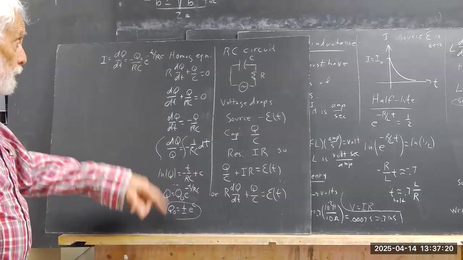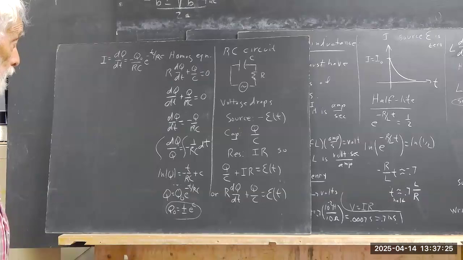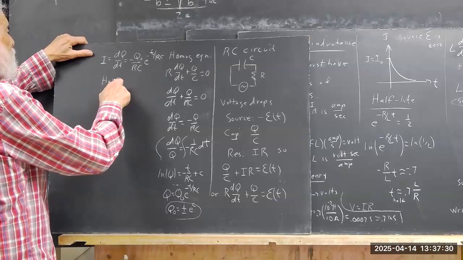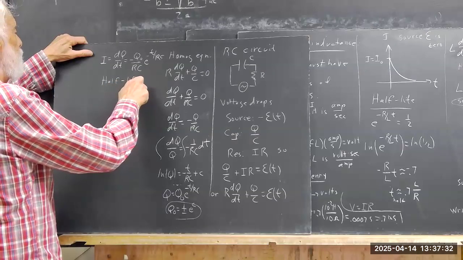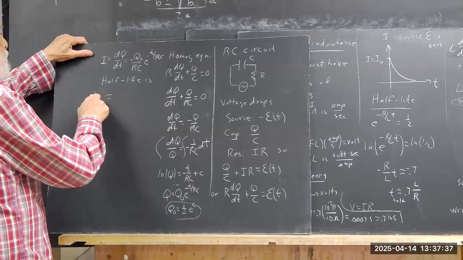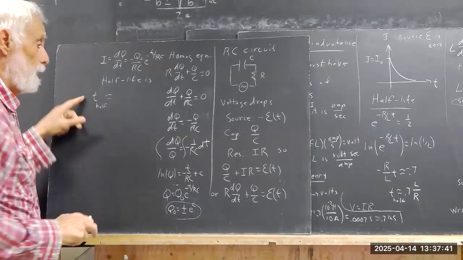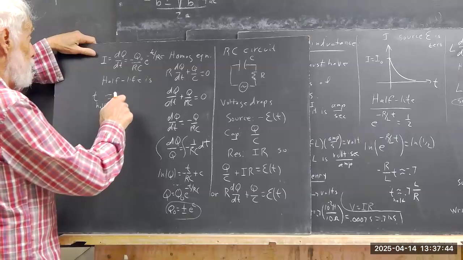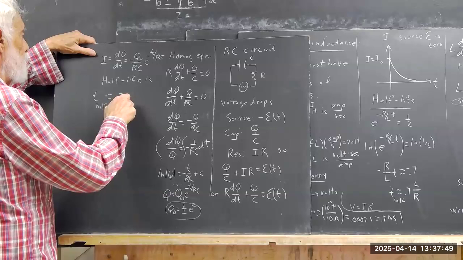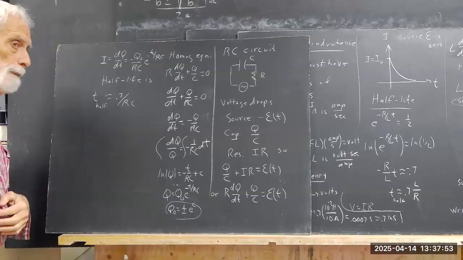The chain rule will give us a negative 1 over RC times q naught, and then you still have your e to the negative t over RC. Also, it's still on the board here, it's approximately 0.7 over RC.